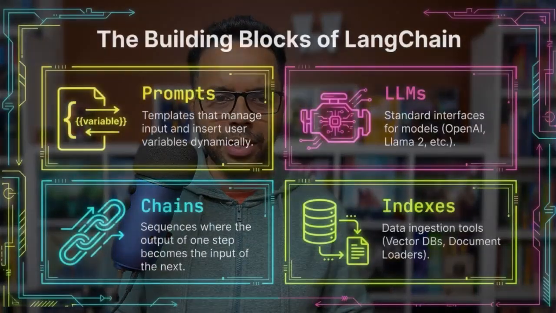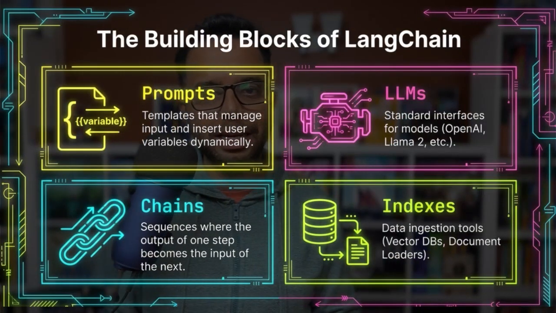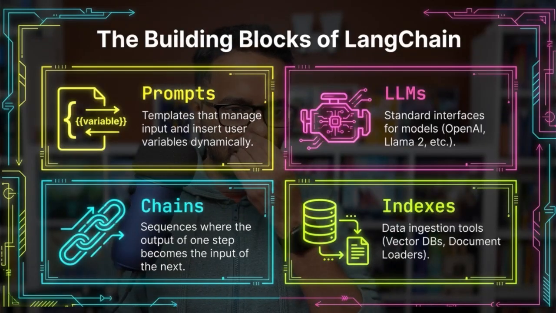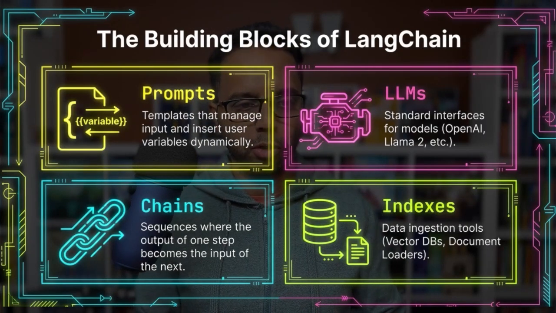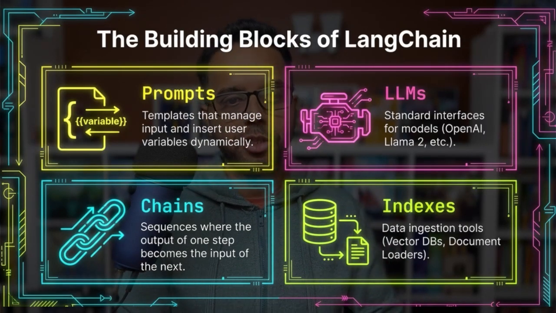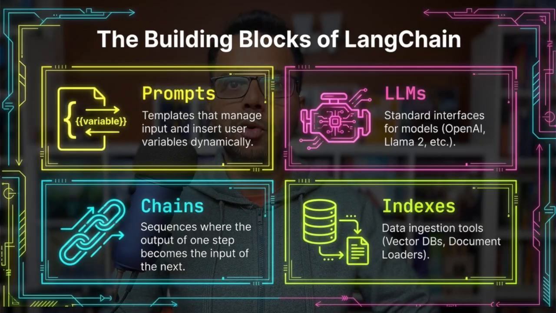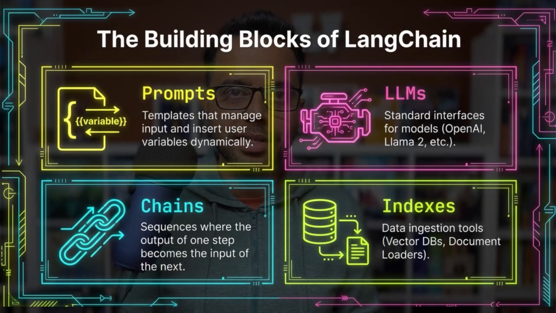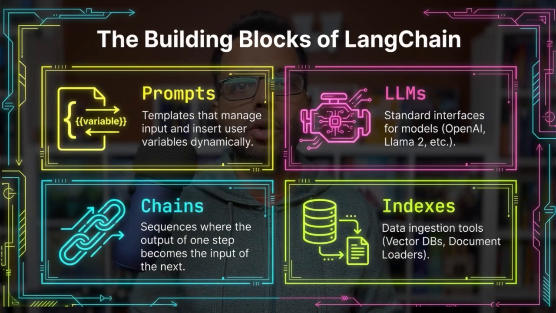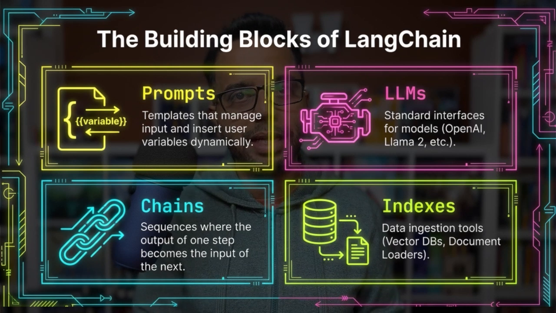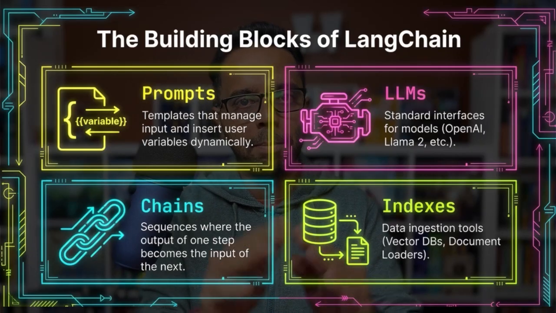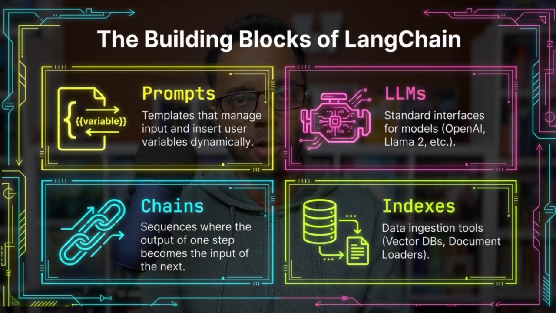So there are 4 main building blocks of LangChain. The first one is the prompts, or the prompt templates. So it's the templates that manage user input and insert user variables dynamically. Because when you are creating an AI system, you are not hard coding the context all the time. To give an example, let's say you have created a system which tells you an employee's summary, his or her performance.